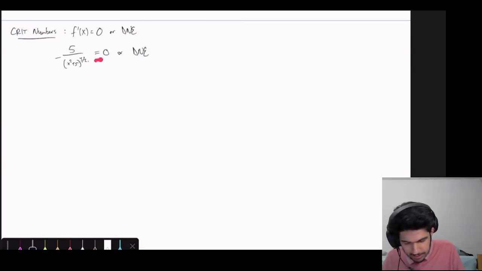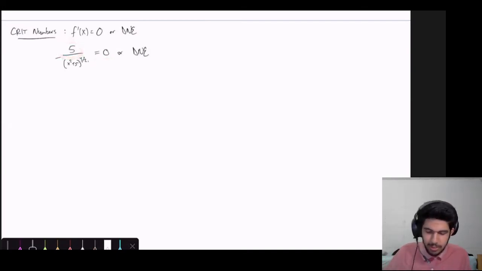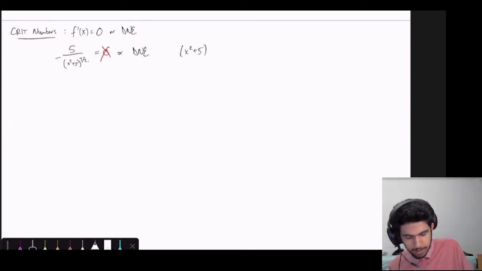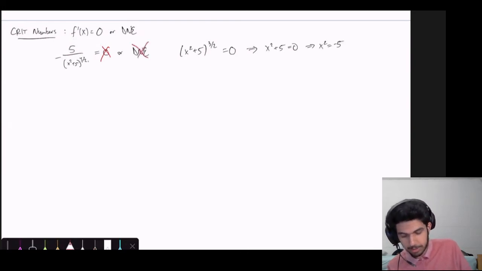This equals 0 when the numerator is 0. That just never happens, so we can cross that out. And it equals DNE when x squared plus 5 to the 3 halves power equals 0. This tells us that x squared plus 5 should equal 0, so x squared equals negative 5. And that never happens. So there are no critical values for when f prime equals 0 or DNE. So we just say there are no critical values.